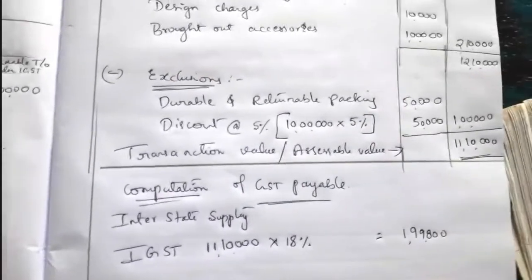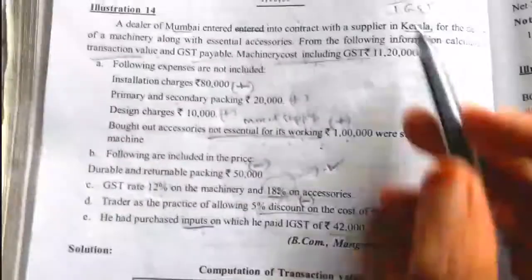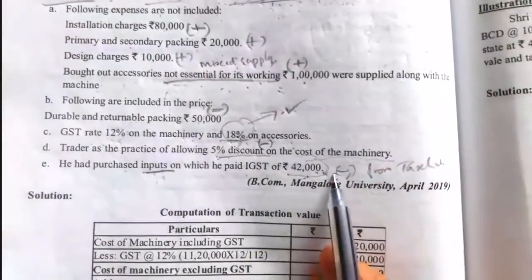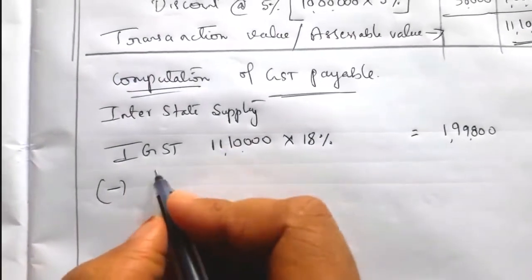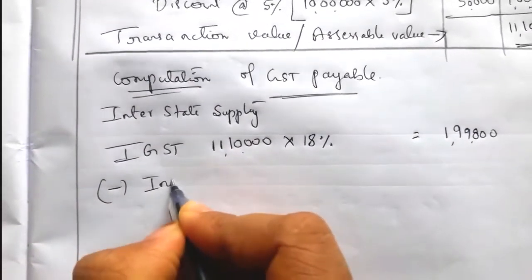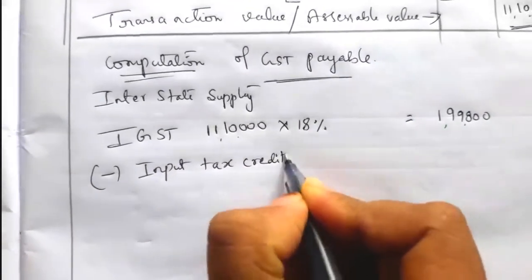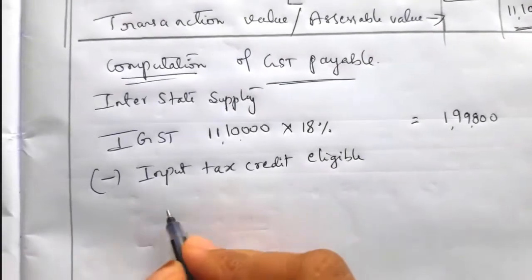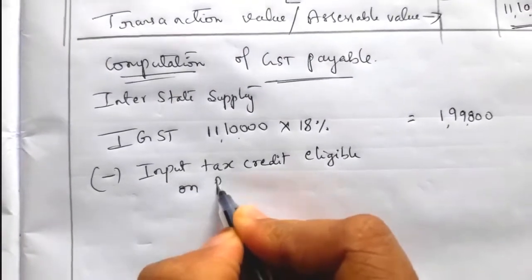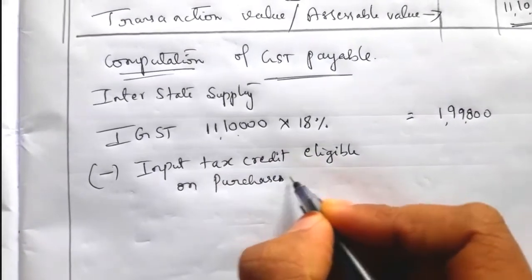Here this dealer has purchased input for this supply, and for that he has paid IGST of 42,000. For this input, whatever tax is paid can be deductible. So deduct minus ITC, input tax credit eligible on purchase of input.